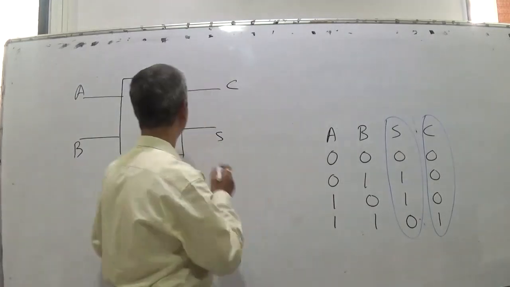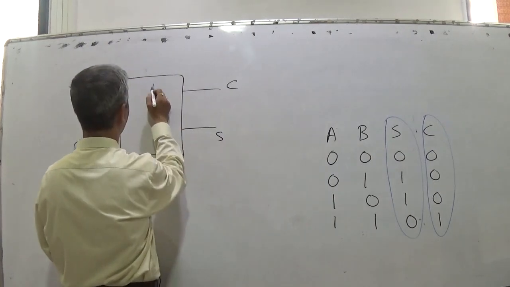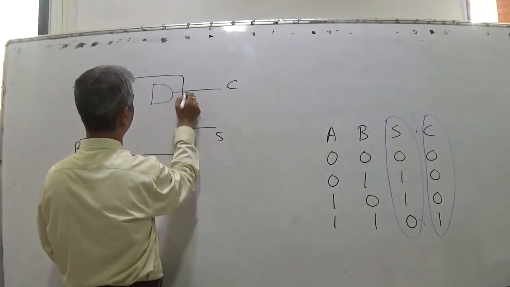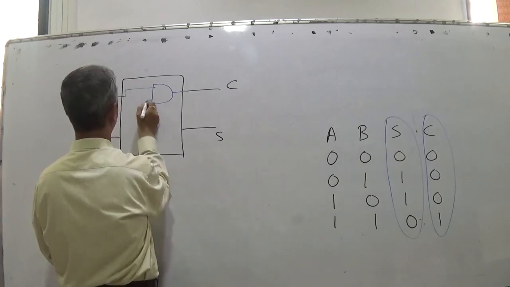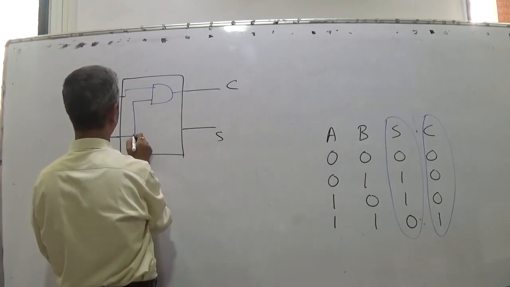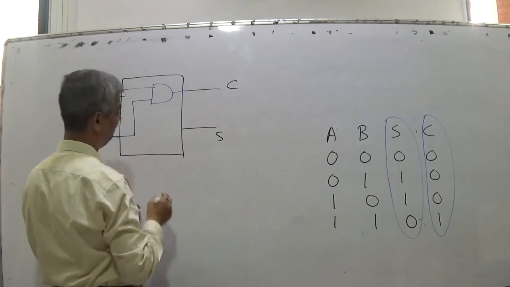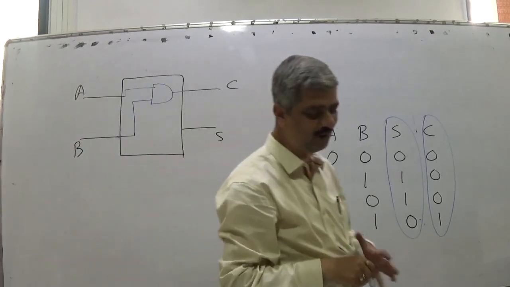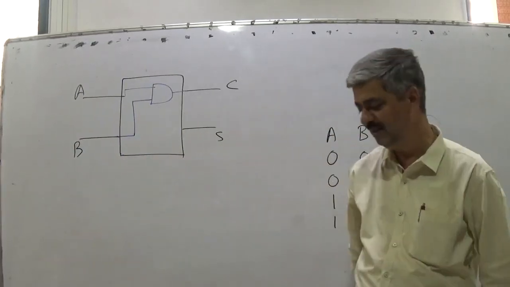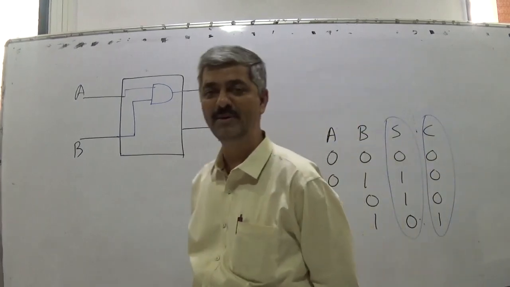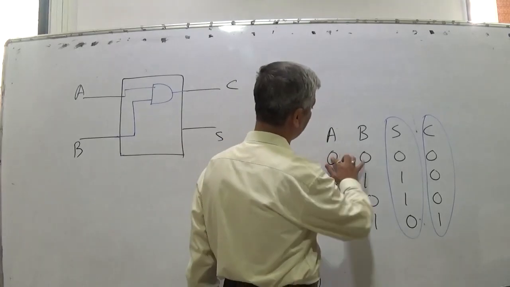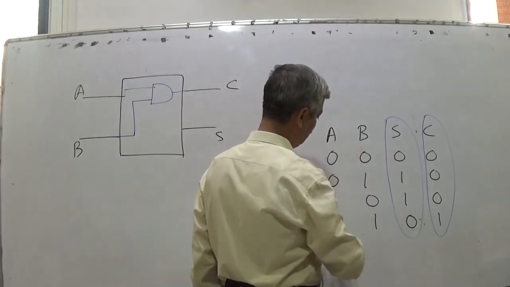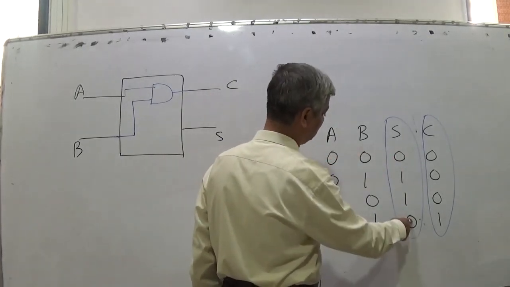Simply we can say that there is one AND gate to which both inputs A and B are connected. So one AND gate will give me the carry of 2-bit addition. And somewhat is the situation when both are 0, answer is 0. When both are 1, still answer is 0.